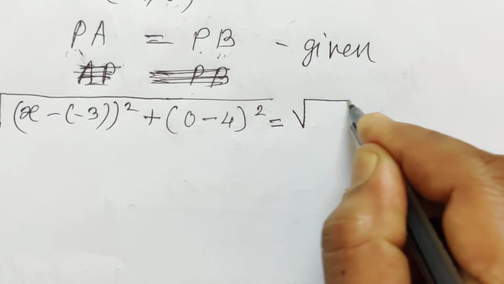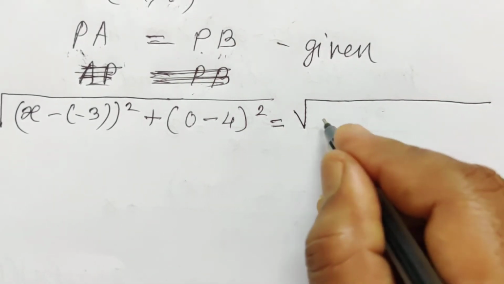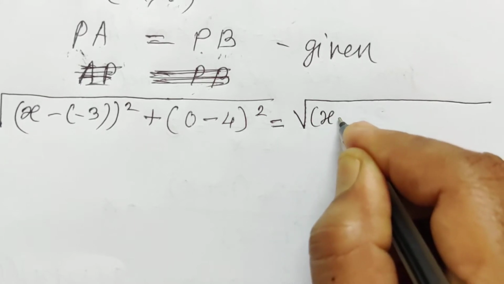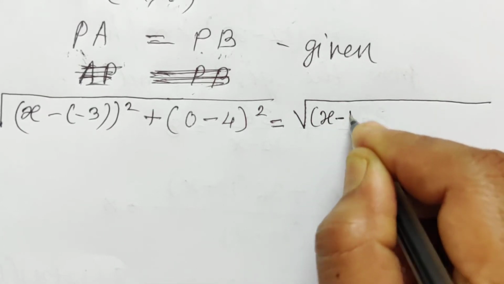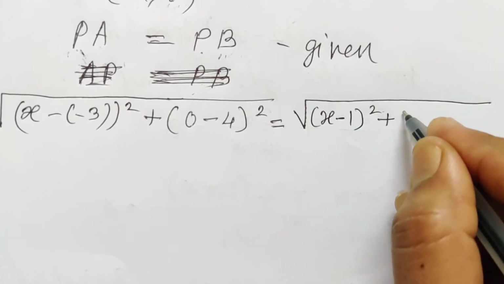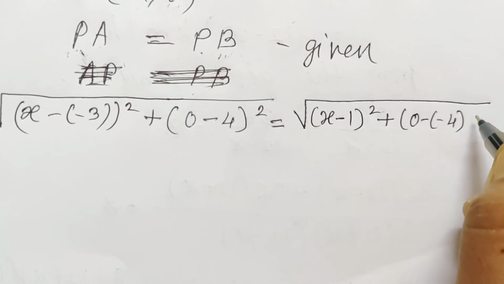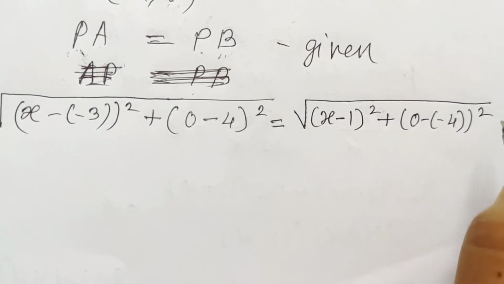For PB also we will use the distance formula. Under root, x minus 1 bracket square plus 0 minus -4 bracket square.